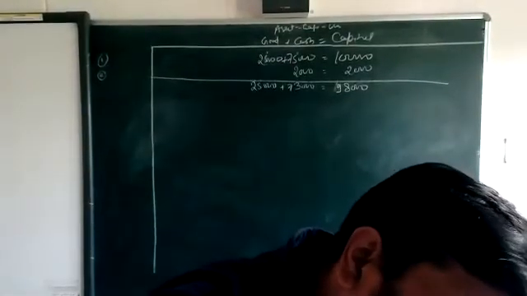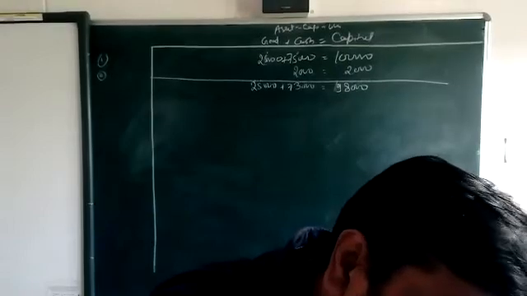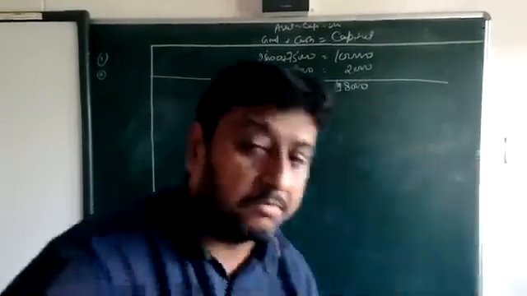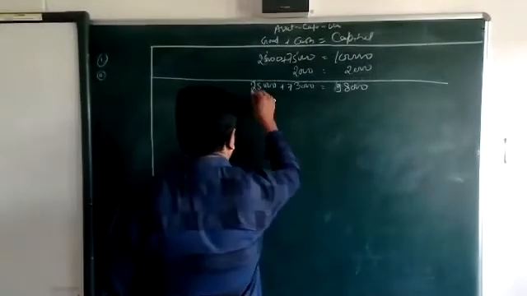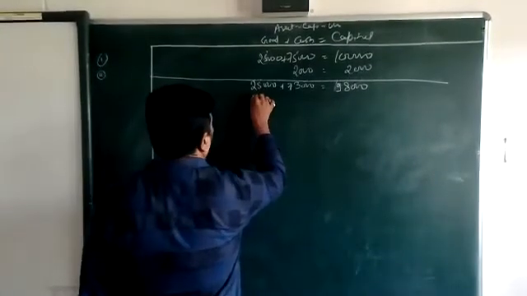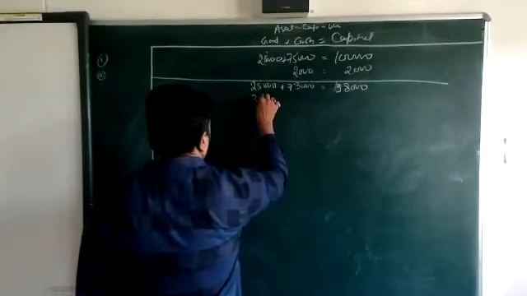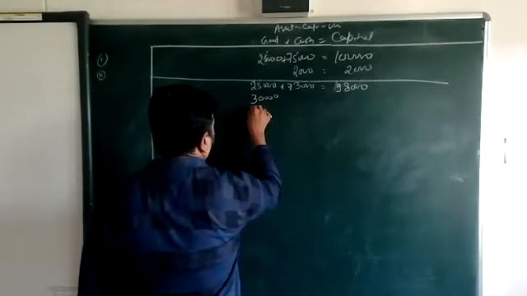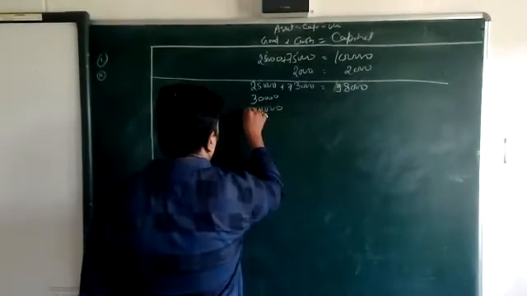Bought goods from cash 30,000 and on credit 44,000. Okay, beta. Bought goods from cash. The goods we add here, only cash 30,000 and on credit 44,000.